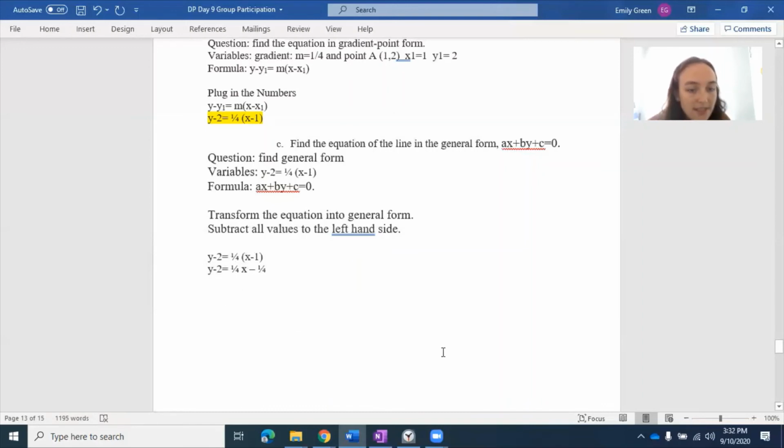That means that we are going to get -1/4 x plus y minus 2 equals -1/4. So all I've done so far is take this 1/4 x and subtract it from both sides.